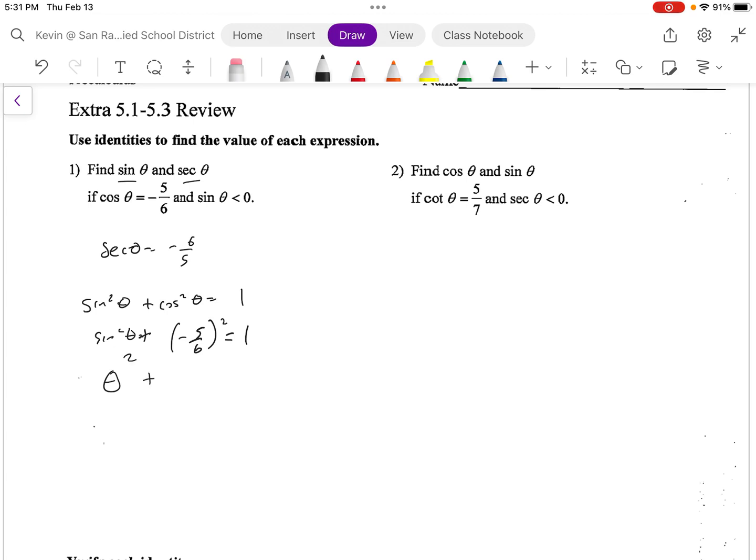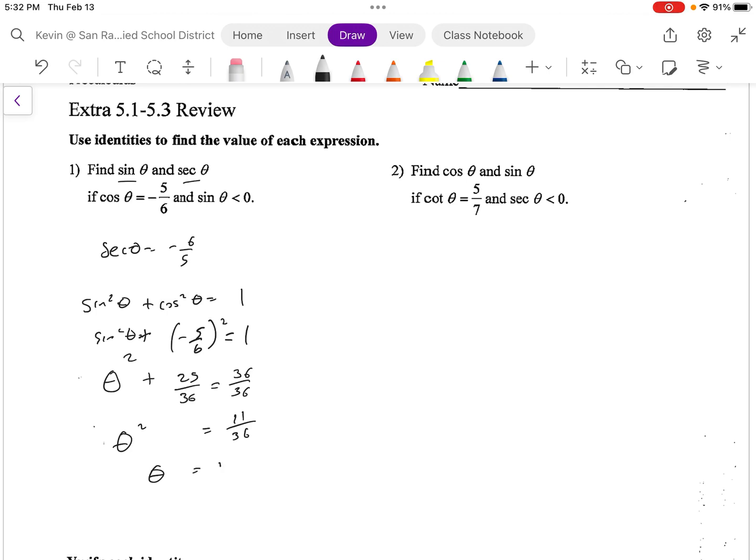So if I did this, I'd get 25 over 36, and this is 36 over 36, and then sine squared theta equals 11 over 36.